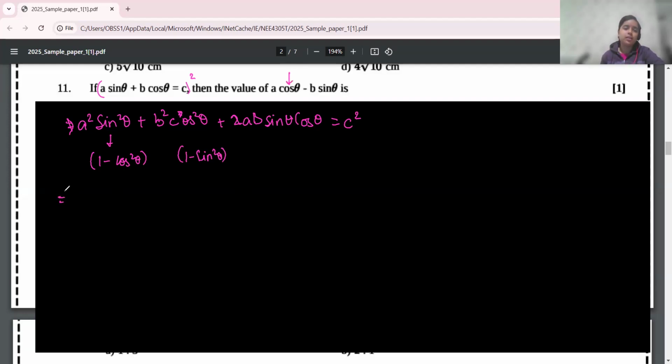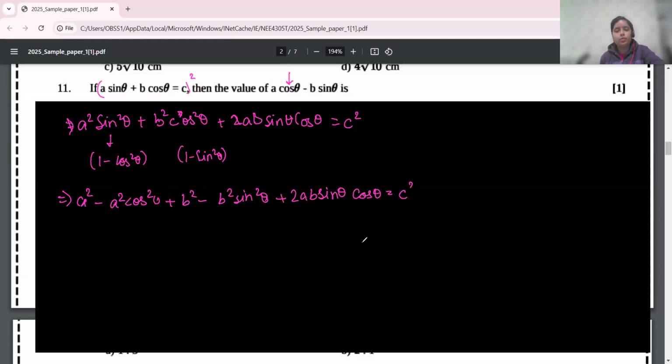Now when I open up the brackets, I get A square minus A square cos square theta plus B square minus B square sine square theta plus 2AB sine theta cos theta is equal to C square.